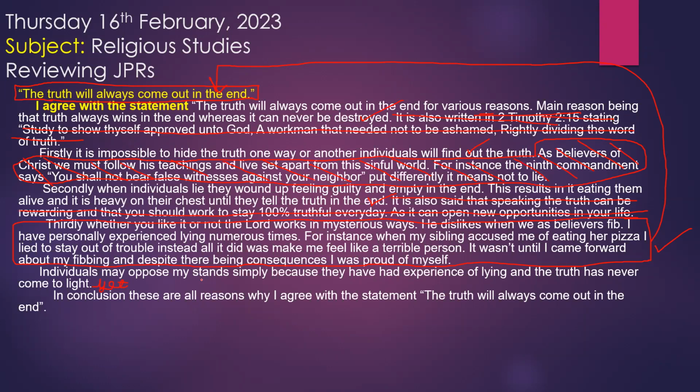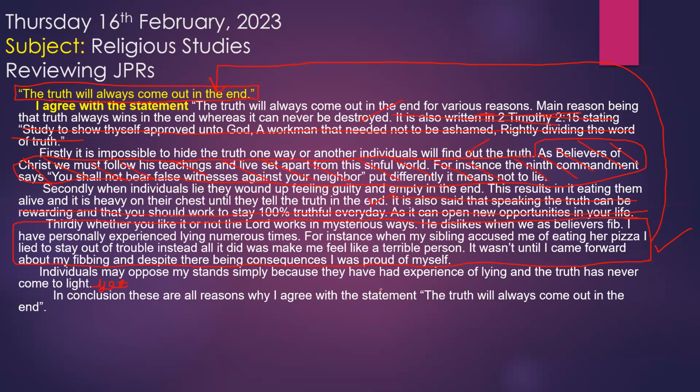Because if you say individuals have experiences where the truth has never come to light, that means your stance that the truth will always come out in the end is false, because they have experienced where they told a lie and it was never revealed. So you must say that individuals may oppose my stance simply because they have had experience of lying and the truth has never come to light yet. Okay. In conclusion, these are my reasons.